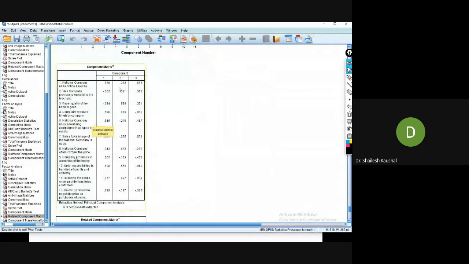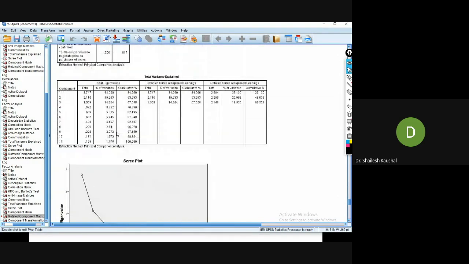So you square vertically, and when we square all the factor loadings and add, then we obtain the eigenvalue. Initial eigenvalues: 3.747, and the second component eigenvalue.